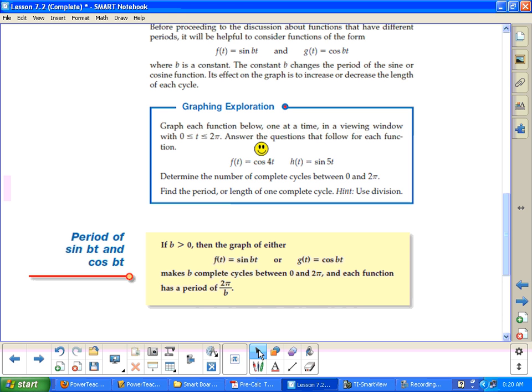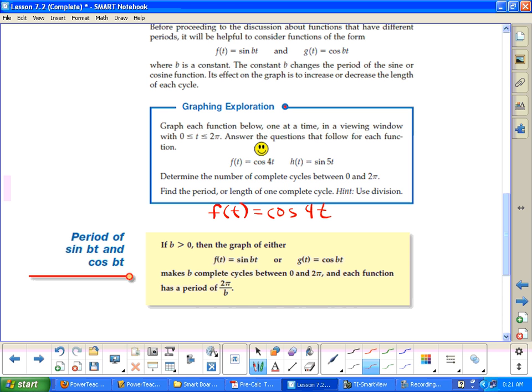But now we're going to talk about how they want us to determine the number of cycles. So we did that, and then find the period, or length of one cycle. So what is the length of one cycle for cosine of 4t? If there are 4 cycles in 2 pi, how long is each cycle? How would you get pi over 2?